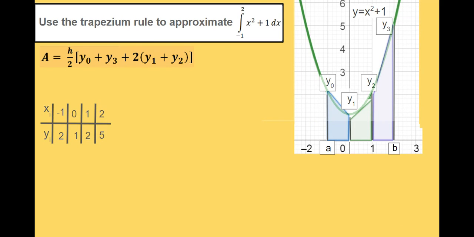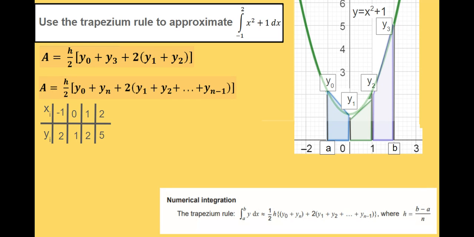The formula in the textbook generalizes this further. There we are. So on the bottom in white, we've got a clipping from the formula booklet. That's what it looks like. The second formula down just generalizes what we had on the previous slide, where the only difference is that instead of having y3, we've now got yn, meaning the last y value.